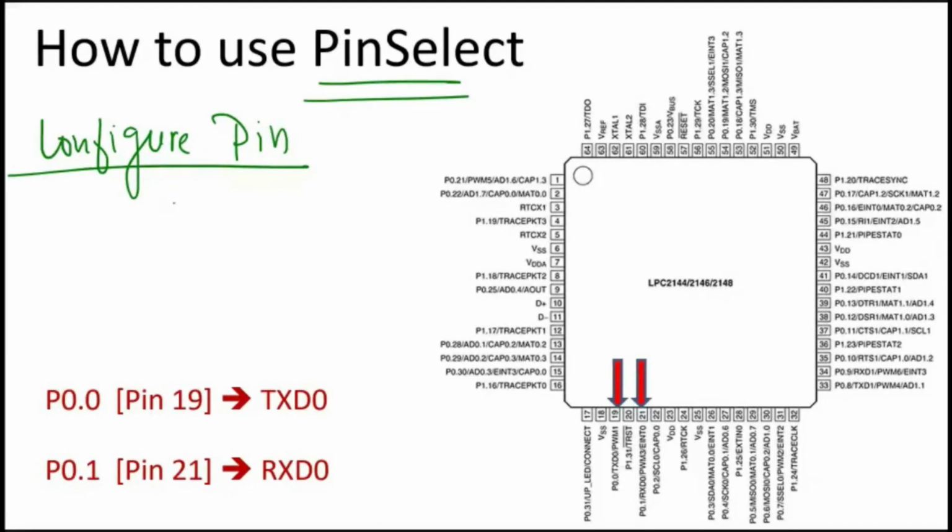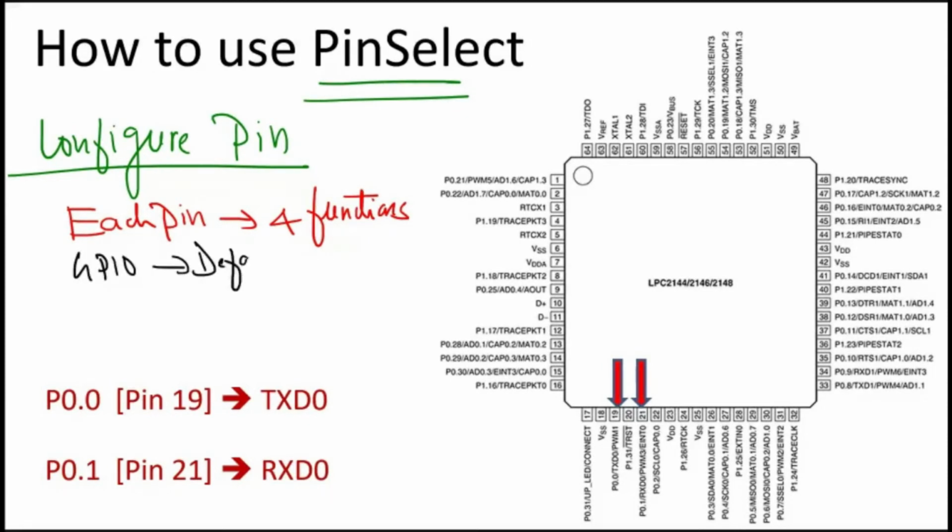In LPC2148, each pin can theoretically perform up to a maximum of 4 functions, of which GPIO is the default function. So far, we have been using only GPIO, so we are not configuring the pins for any other function than GPIO. So we are not bothered about it.